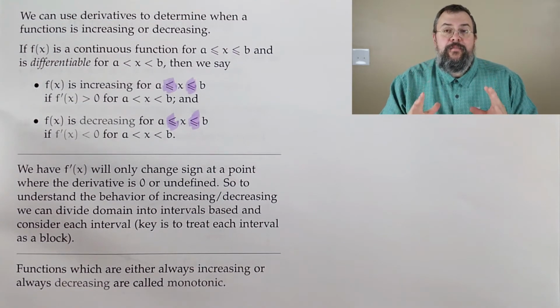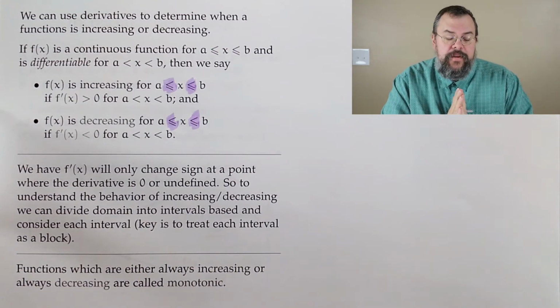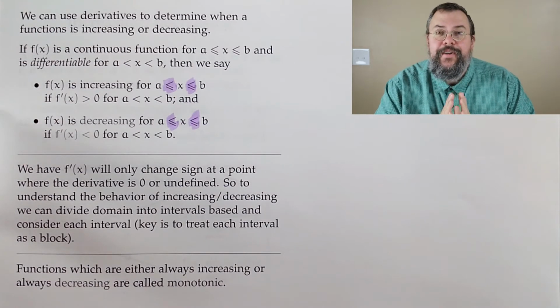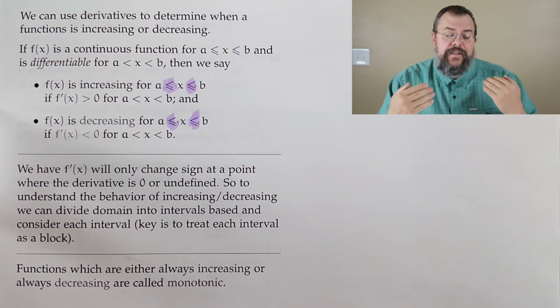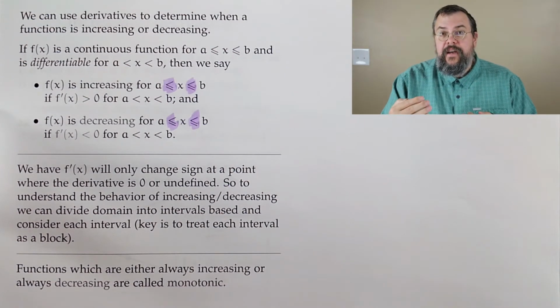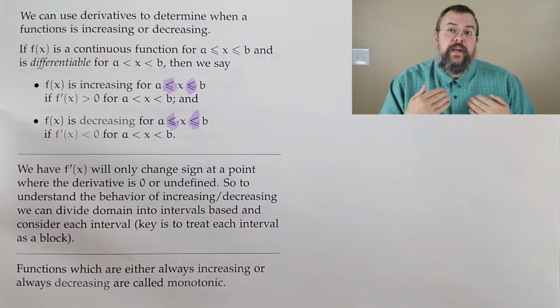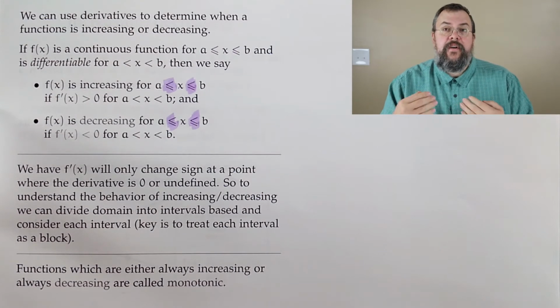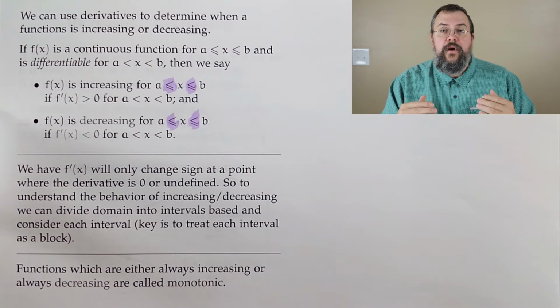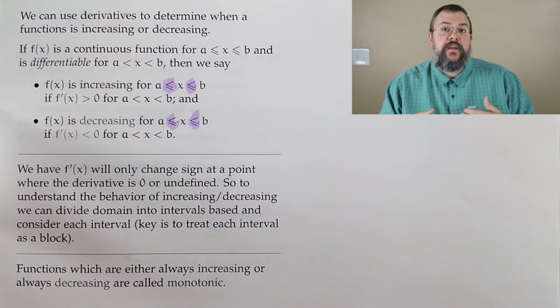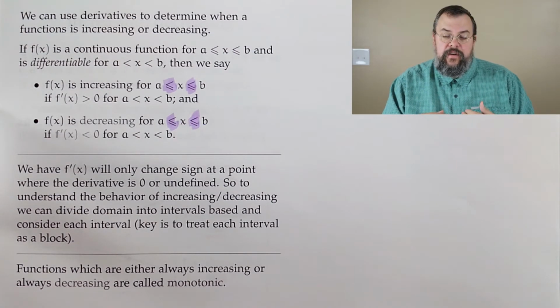There's a small thing that we have to understand. A lot of people like to think of increasing, decreasing as a derivative property, and that's not the case. Increasing, decreasing has to do with the behavior of the function and how the function varies, and it doesn't have to do with derivatives. What is true is that derivatives give us information about increasing, decreasing.